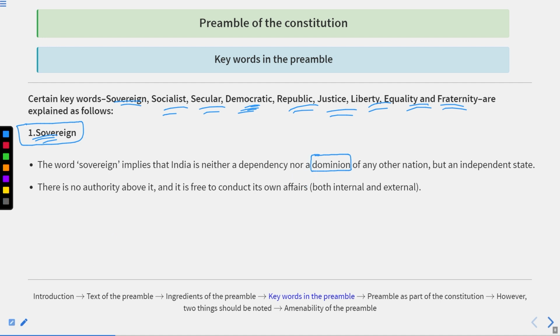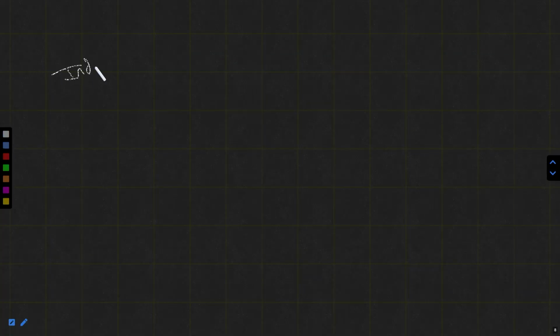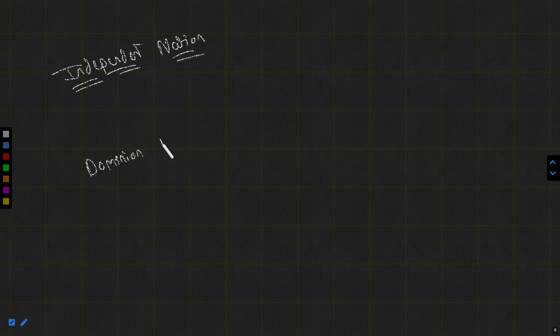So basically, when we talk about the independent nation and the dominant nation, okay, what is the difference between them?